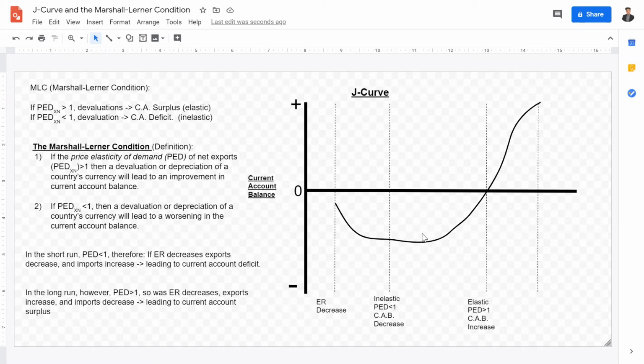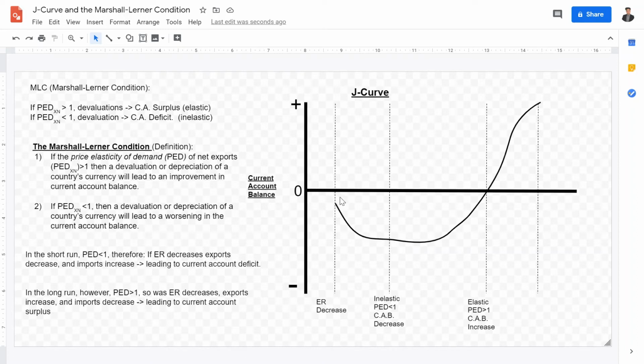Now, after some time, let's think from the consumer's perspective. Imagine if the U.S. dollar gets weakened. The demand for goods will not just go down immediately. The demand for Chinese manufactured shoes will not just go down immediately. The demand for German manufactured cars will not just go down immediately.